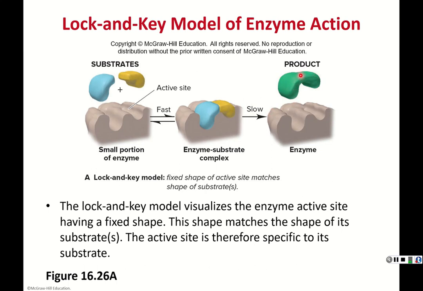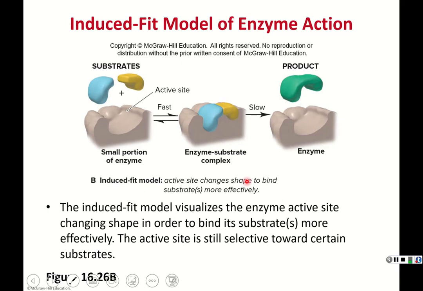So that's the lock and key. In that model, you have a fixed shape of the active site that fits the substrates. Probably a better model is what's called the Induced-Fit. So in that model, your active site doesn't fit the substrates. When they bind, it actually changes the shape of the enzyme to fit and stabilize the transition state of your reaction, which then can lower the activation energy and produce a product.